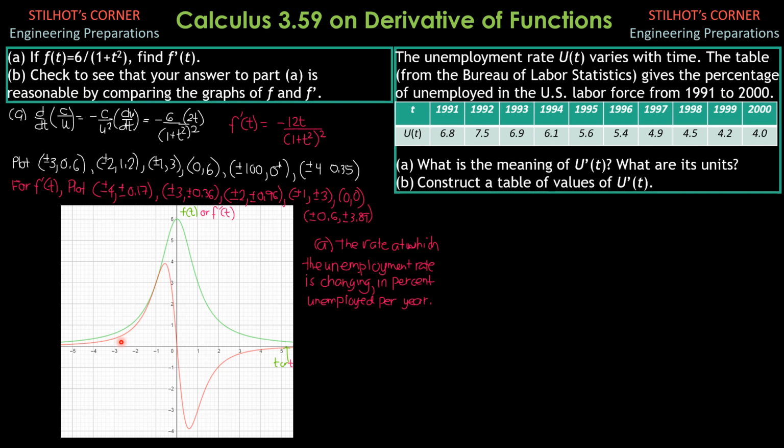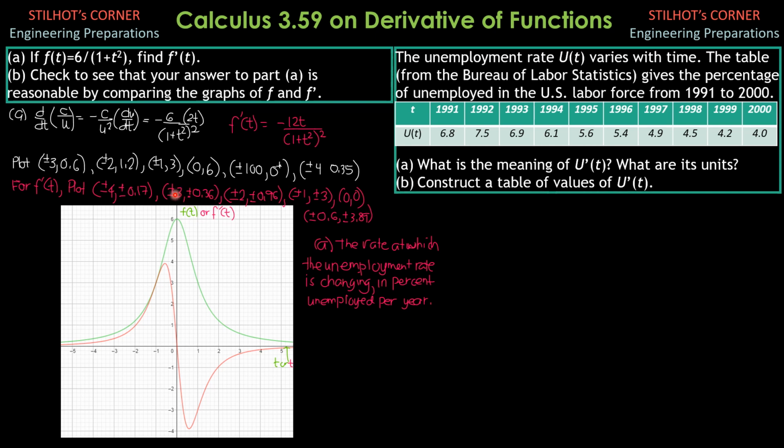negative 3.6, positive 0.6. Plus minus 3, plus minus 0.36.